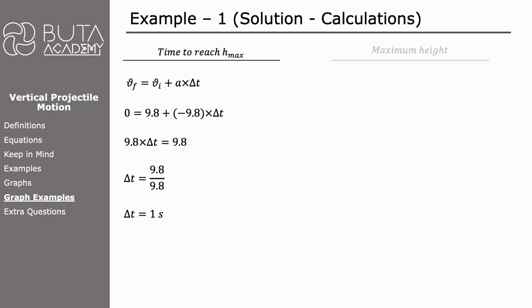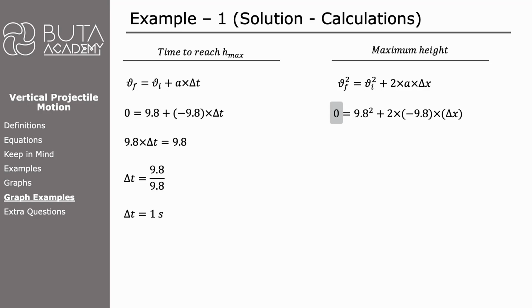Next, we can calculate the maximum height of the object from the ground level. The formula which is generally used to calculate the maximum height is V final square is equal to V initial square plus 2 times A times delta x. Once more, we substitute the final velocity at the maximum height as 0.